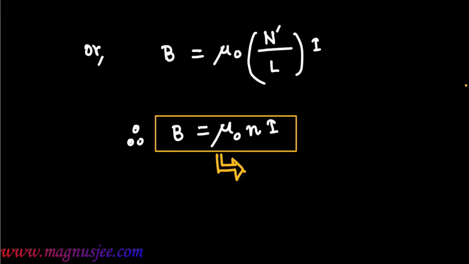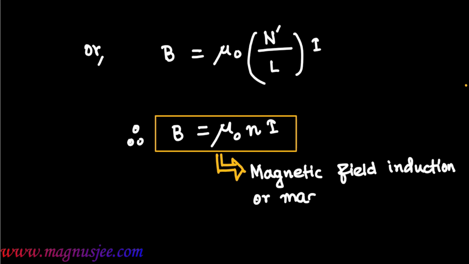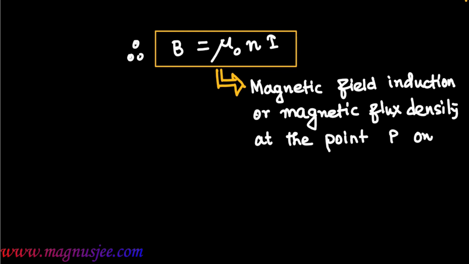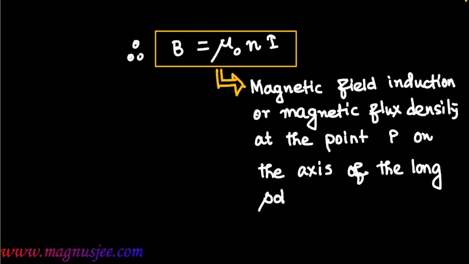This is the magnetic field induction, or magnetic flux density, at a point inside a long solenoid carrying a current I. Magnetic flux density at the point P on the axis of the long solenoid.